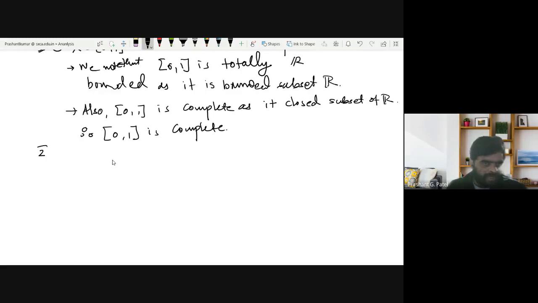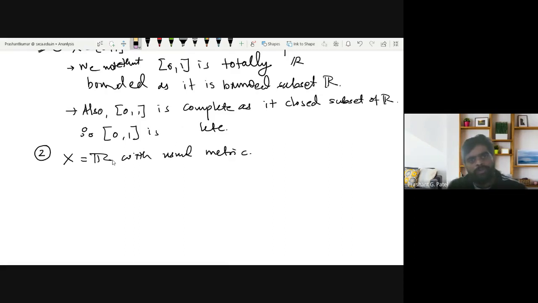The second example: if I define this X as R with the usual metric, then X is not compact.